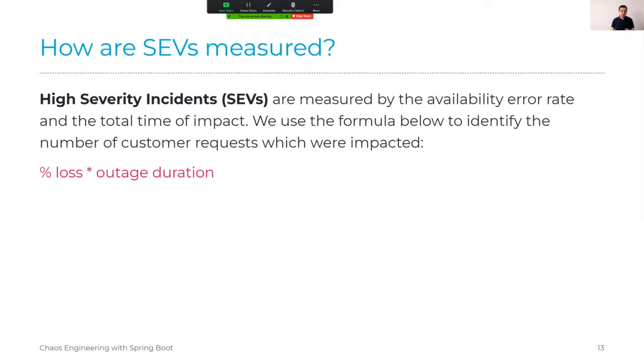And you can imagine if you have the percentage of loss multiplied by a time, you get a factor, which easily helps you for high severity impacts to organize or to prioritize this. And then you know what you have to fix first. So just giving you an idea here of what could go wrong and how you could measure those things in production.